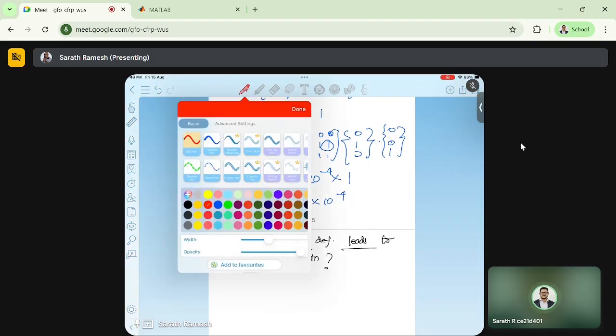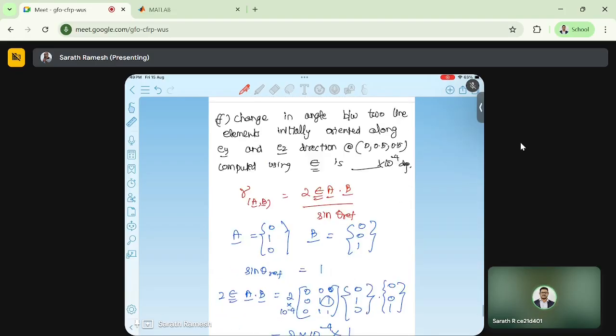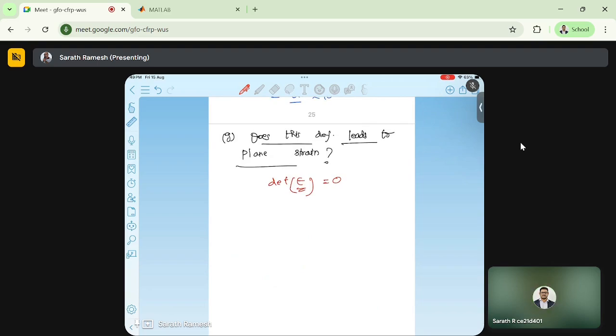What is the condition we have? Determinant of epsilon is equal to 0. Of course, here determinant of epsilon is 0, so it is a plane strain condition. Yes, it is a plane strain condition, because the determinant of epsilon is 0. One row or one column being 0 means the determinant will be 0.